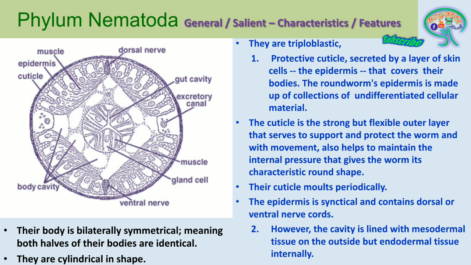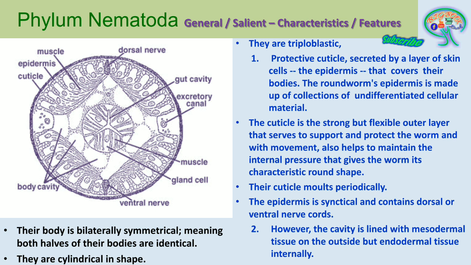They are cylindrical in shape. As we said, these organisms are round in shape, which is also the cylindrical shape. They are triploblastic. Platyhelminthes are also triploblastic, but the differentiation there is very limited compared to nematodes.